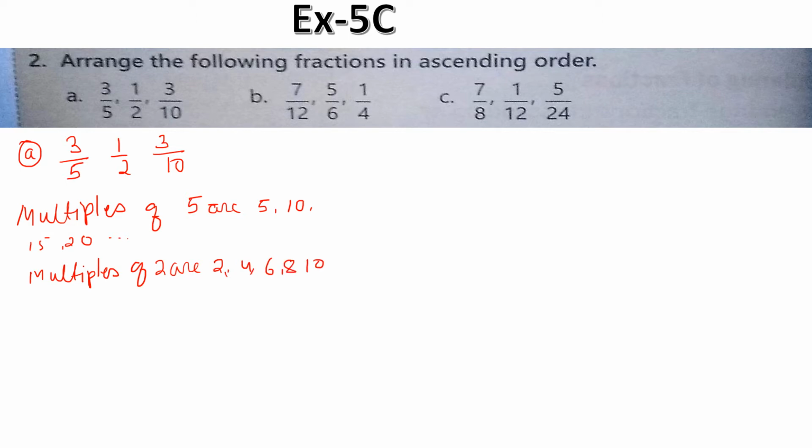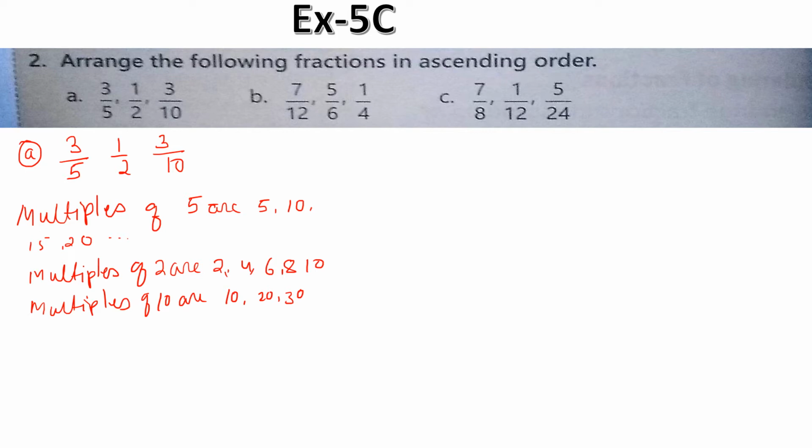Then multiples of 10 are 10, 20, 30. Now we need to find out the least, the smallest common multiple out of these tables.